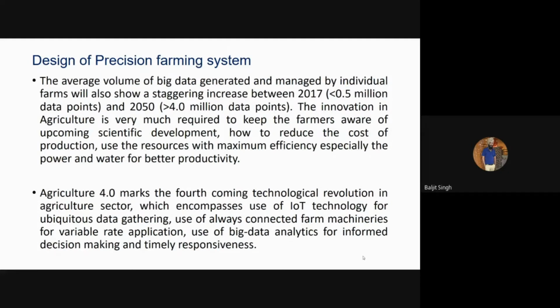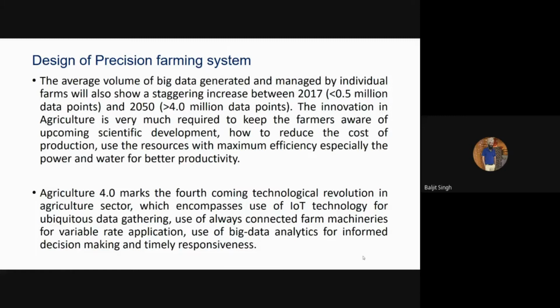So the average volume of big data generated and managed by individual farms will also show a staggering increase between 2017 to 2050. The data generated will increase, because the number of data points and the number of sensors will increase.